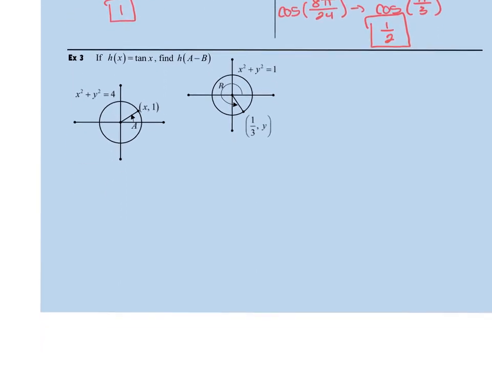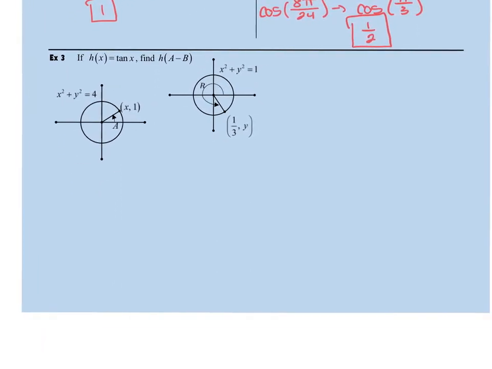Now, the last one that we're going to do today, and then we have another one that we'll do in class, is interpreting these pictures right here. What we're going to notice is that they gave us some equations for some circles. On the first one, I meant to say the equation equals 4, so our radius is actually only 2.